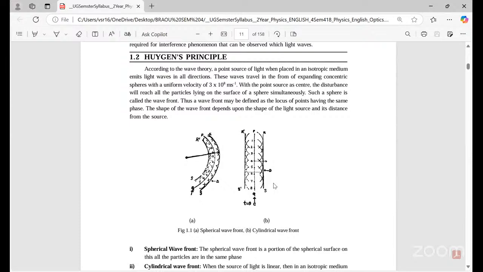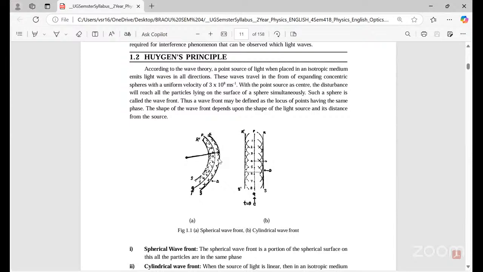With the point source as the center, the disturbance reaches all the particles lying on the surface of the sphere. Such a sphere is called a wavefront.